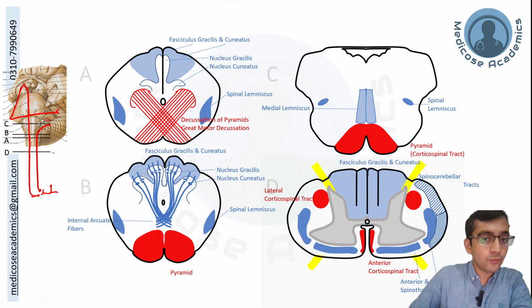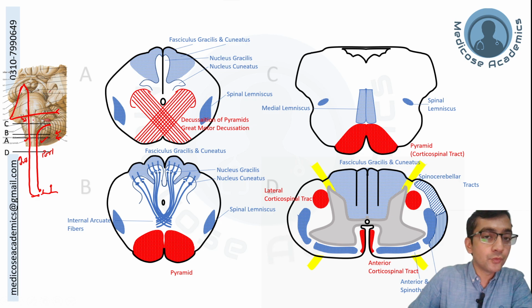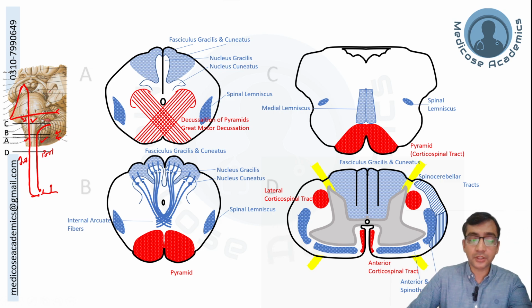So at this level, we are going to see both posterior and anterior spinocerebellar tracts. However, at level C, higher up, we are only going to see the anterior spinocerebellar tract because it is on the way up to the midbrain. We will not see the posterior spinocerebellar tract. So that's what happens here.